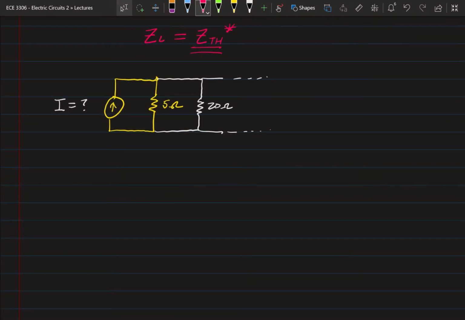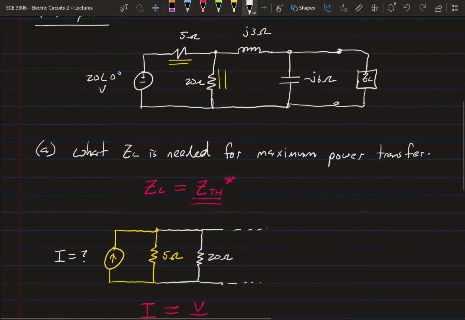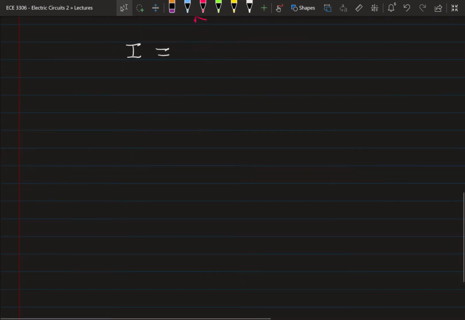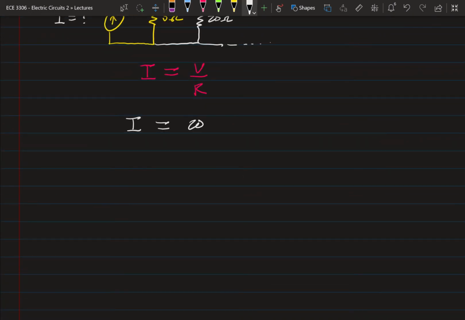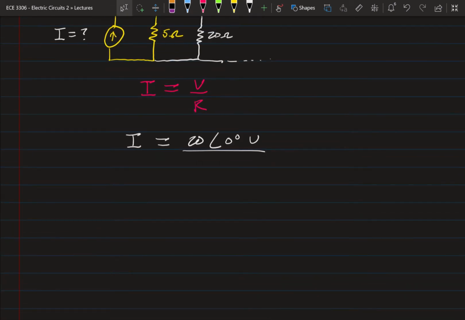And so we start with the equation that we've been using forever, I is equal to V over R. So our current is going to be equal to 20 at 0 degrees volts over our impedance, which is just 5 ohms.